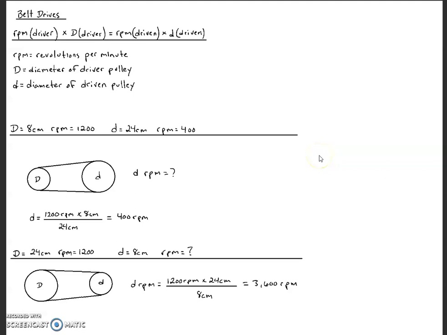All right, here we go with belt drives. So, not too crazy of a concept. I think it's important to understand that a circumference can be expressed as a straight line. At that point, we have two straight lines that we're comparing, in one sense, as far as the diameter.